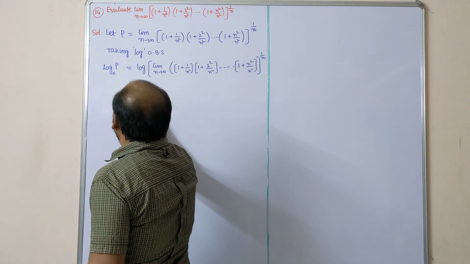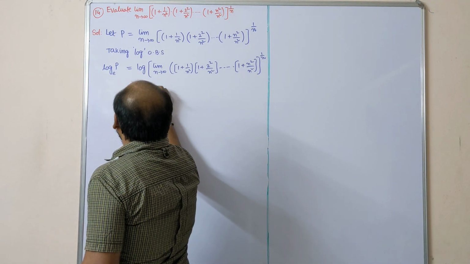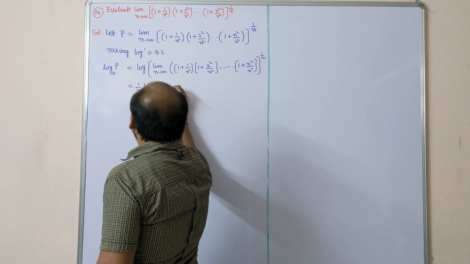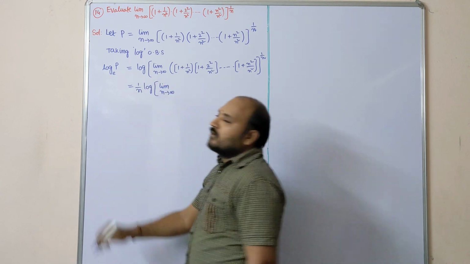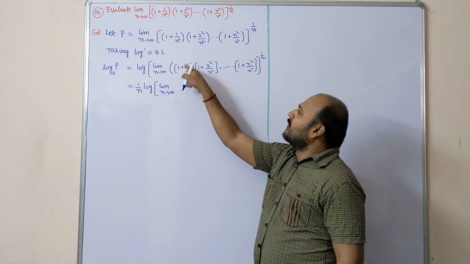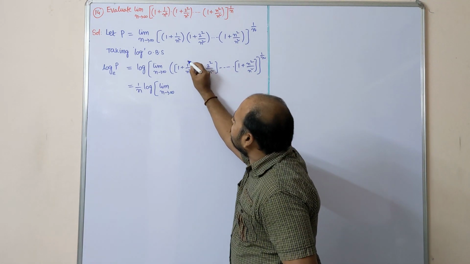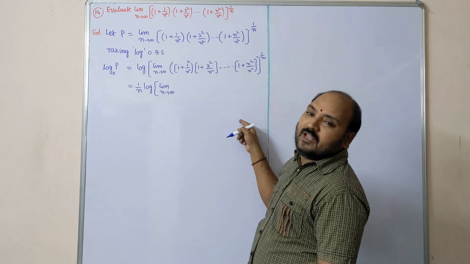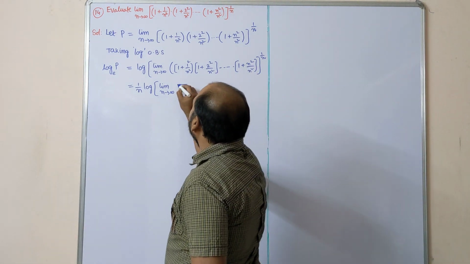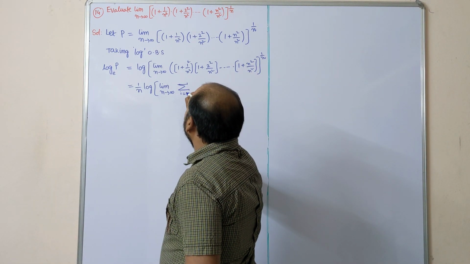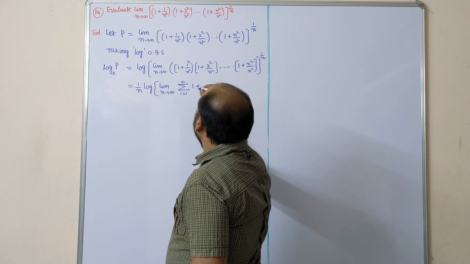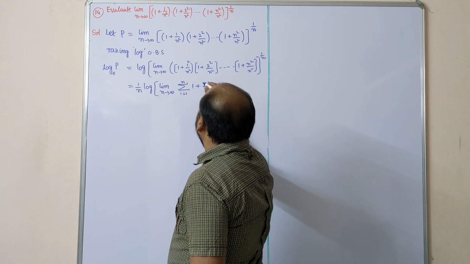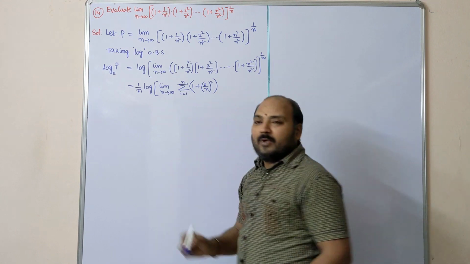So it becomes 1 by n log limit n tends to infinity. Here we will make it 1 plus 1 by n square, that means 1 means 1 square you can write now, 1 plus 2 square by n square and so on 1 plus n square by n square. Can we write like this? Sigma i is equal to 1 to n of (1 plus i by n) whole square. Am I right?